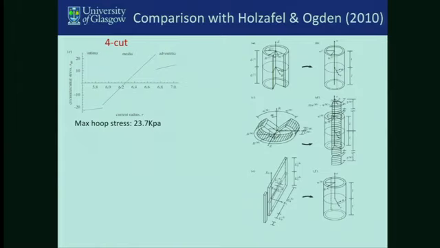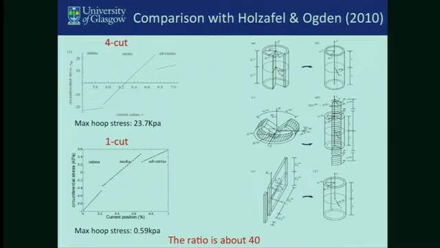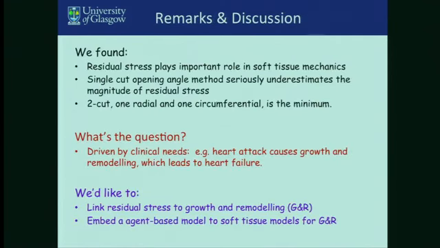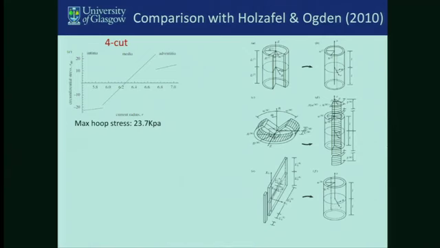Then they published it. So we want to compare the ratio. We just use the same model, same material, but only with 1 cut, and that gives you a stress of 0.59. So the ratio is about 40. So it's about the same as we have discovered for the heart. That means seriously we need to consider at least 2 cuts.